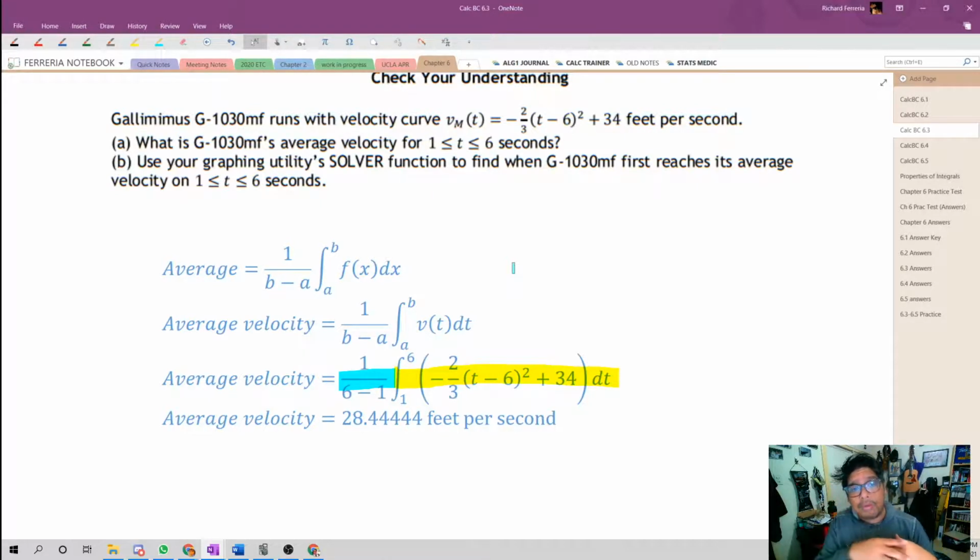So 1 over 5 seconds. So when I say feet multiplied by 1 over second, that gives me feet over second, or feet per second. So the units kind of work out here just through the integration and dividing by a time differential.